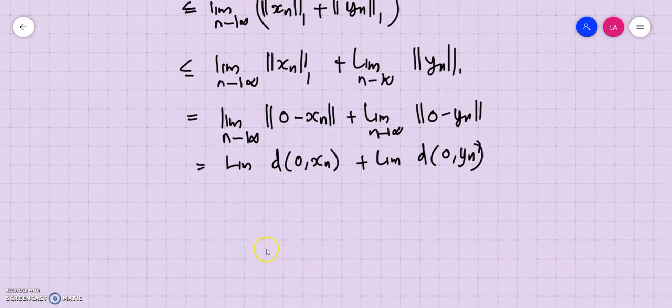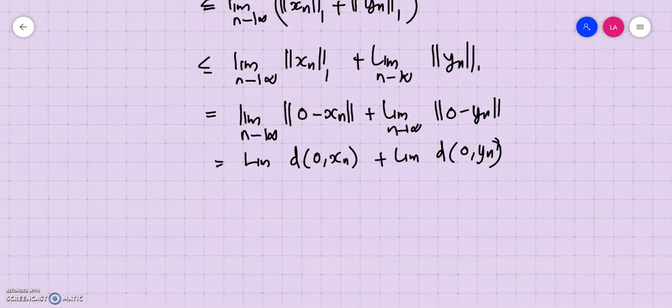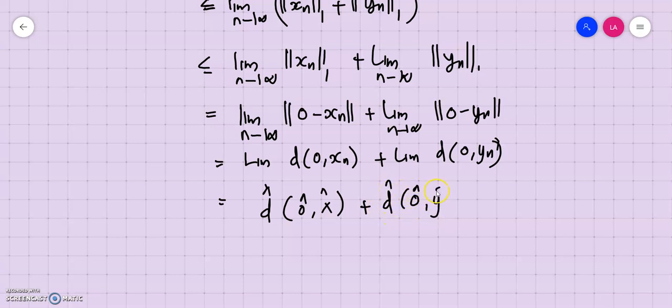Which further, by our definition, can be written as d cap of 0 cap x cap plus d cap of 0 cap y cap, because xn is the sequence corresponding to the element x, and yn is the sequence corresponding to the element y.